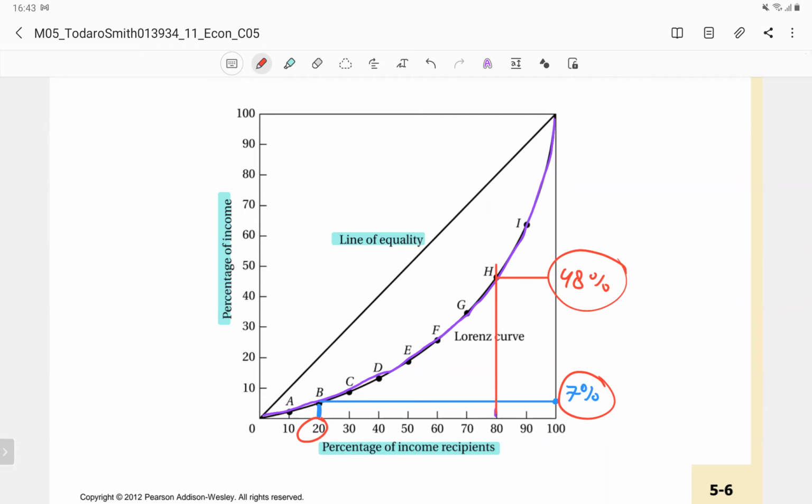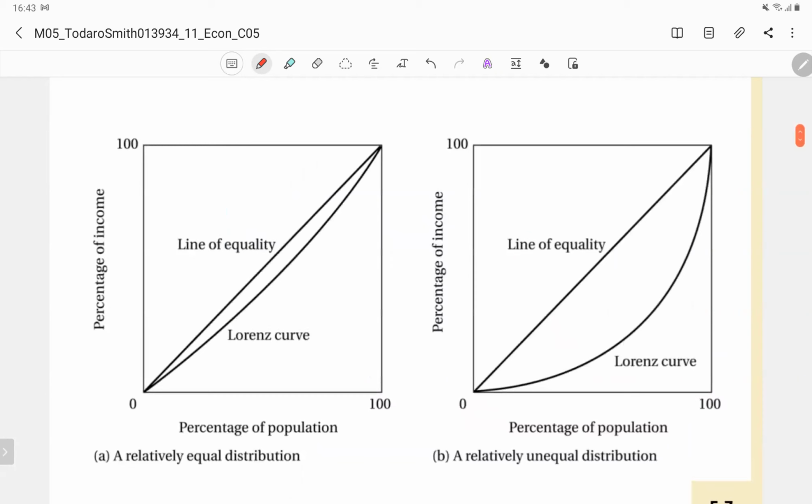And this is why when the Lorenz curve gets very close to the line of equality, it means the inequality is low, right? So we will see here that the closer the Lorenz curve is to the line of equality, the more equal the society is, okay? Relatively equal distribution.